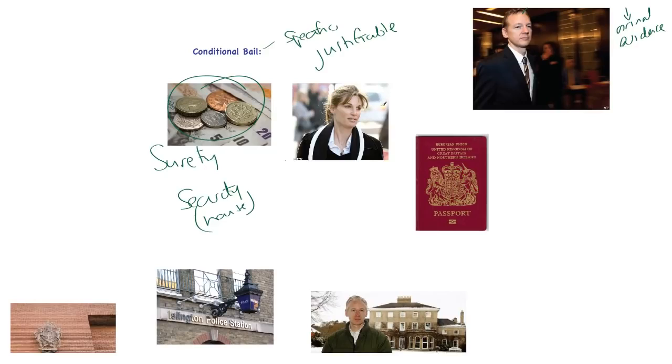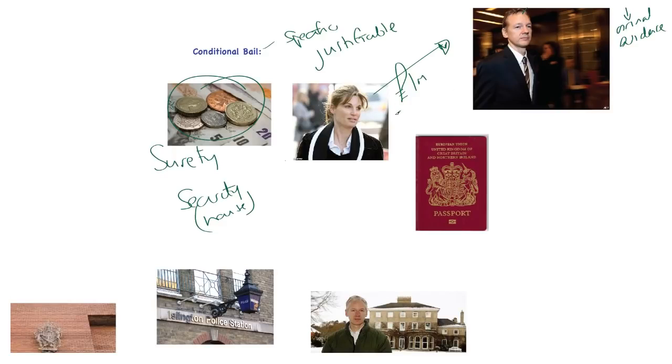The reason that I've put this is Jemima Khan. Jemima Khan gave surety for Julian Assange's bail. If I remember rightly, she gave a surety, along with others, of £1 million, which if Julian Assange breached the terms of his bail, she and others would lose.